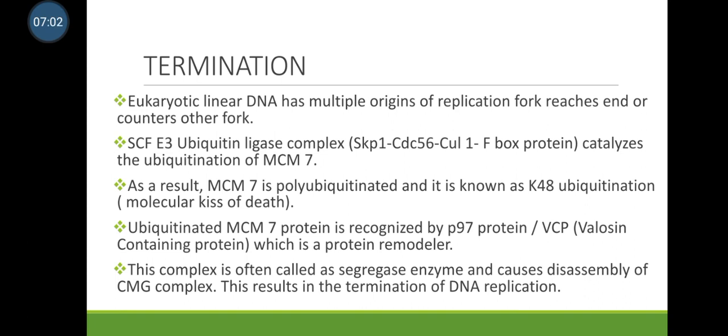This polyubiquitinated MCM7 is recognized by the protein p97, or valosin-containing protein. This process is called K48 ubiquitination or the molecular kiss of death. This results in the detachment of CMG and terminates the replication.